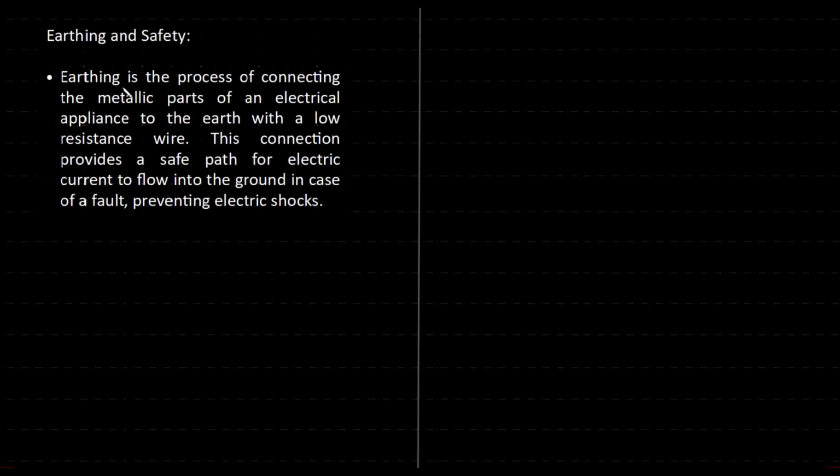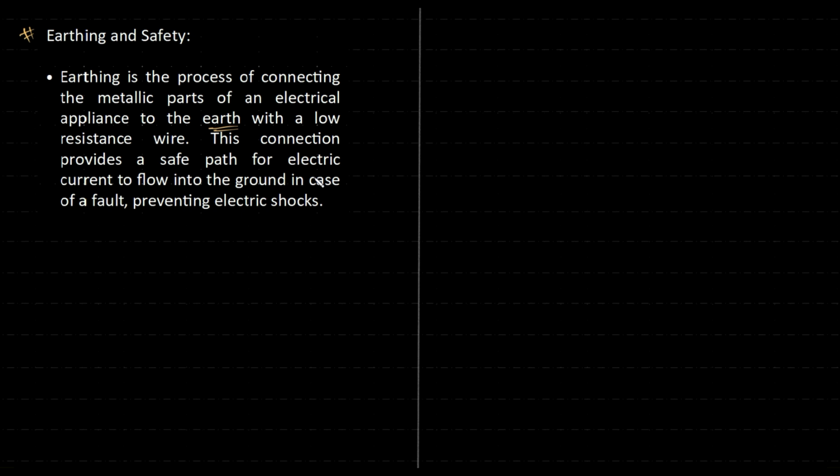So you also have to know the topic earthing and safety. Earthing has to do with connecting a huge metal rod down to the earth, so that when we have any kind of leakage of current or lightning and all of that, the charges go directly to the ground, so as to protect the devices, the person, and so on.